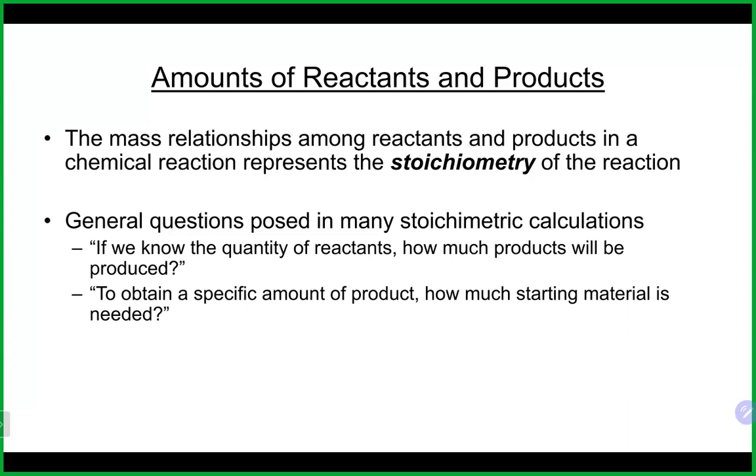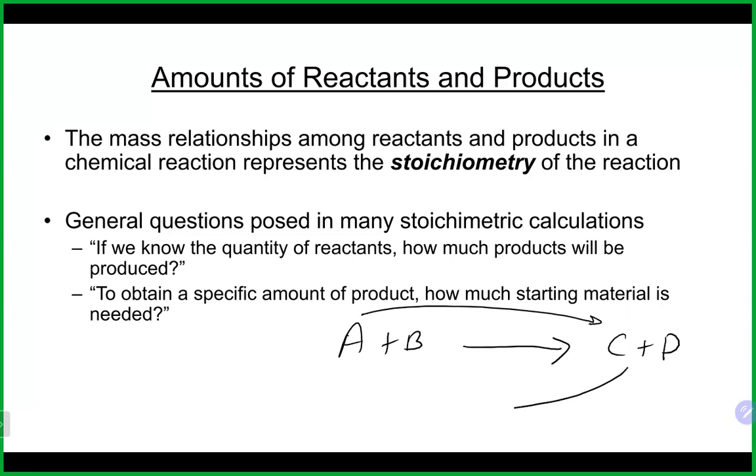Now, when we do this stoichiometry, just so you're aware, let's say we had A plus B goes to C plus D. Sometimes people think when we do these sorts of calculations, it always has to be between somebody on the reactant side and somebody on the product side. And it's not. You can definitely do a relationship between reactants and products, just like if you started with products, you could also do the relationship going across the arrow.